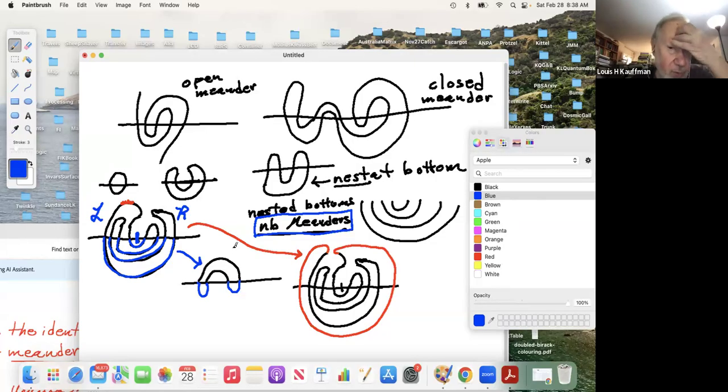But then if you regard a nested meander as a kind of product of two parenthesis structures, then you can think of it as an ordinary meander. In other words, whenever you have a nested meander, let me use another color on this one, you can think of cutting it from top to bottom and let's see, one, two, three, four, five. You can sometimes think of cutting it from top to bottom if there is a left half and there is a right half.